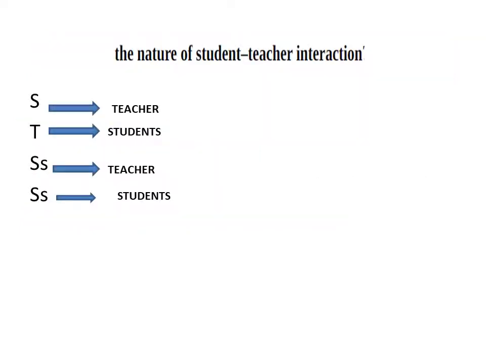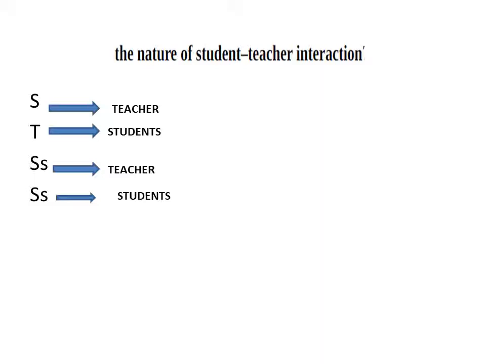Here we have the interaction either goes from individual students to the teacher, or from teacher to students, or from the whole class to the teacher, or from the whole class to other students. Or we mean that the students are divided into groups and they interact with each other.